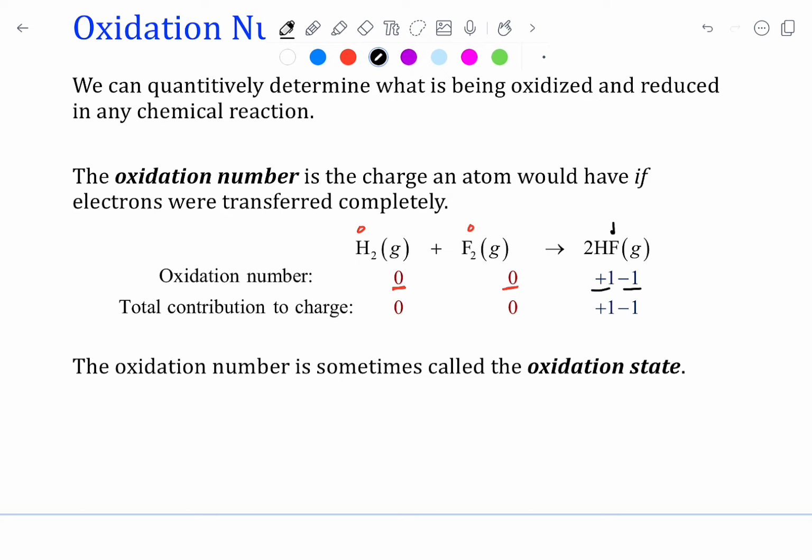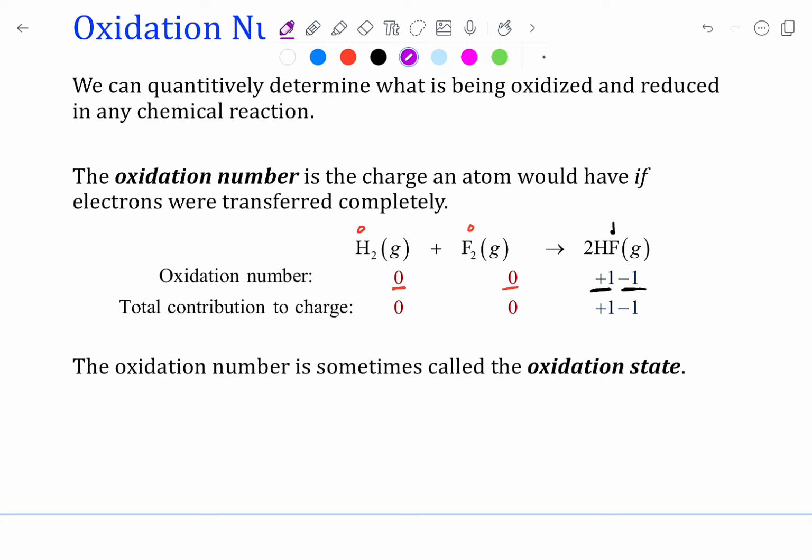So again, it's just relating to the charges we used when we quantified ionic substances. In HF, the oxidation number of hydrogen is now +1, and the oxidation number of fluorine is now -1. We can then use that, in the same way we did in our previous examples, to determine what's being oxidized and what's being reduced.